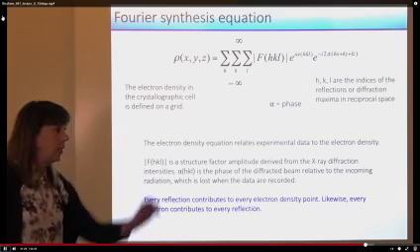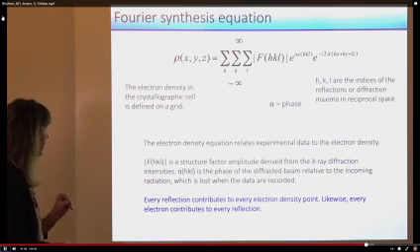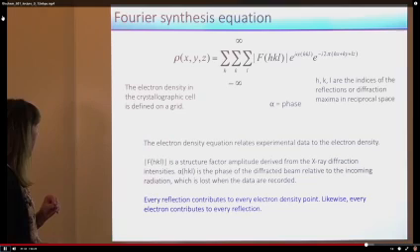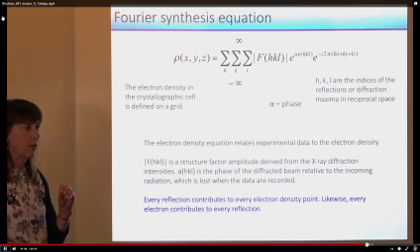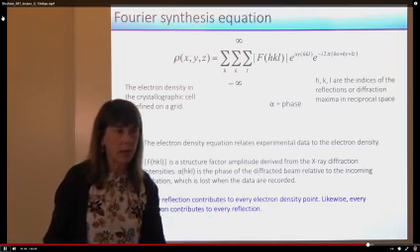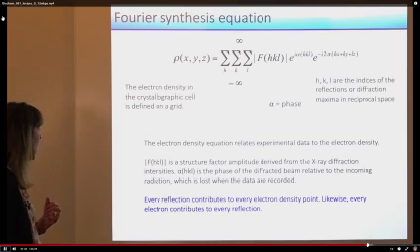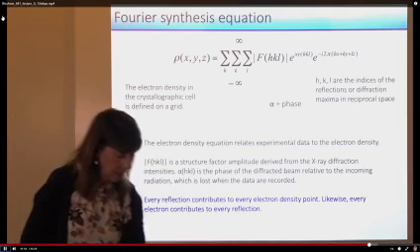So associated with each one of those diffraction maxima is a phase. The F_HKL here is called the structure factor amplitude. We get that from our X-ray data. When we collect X-ray data, we are getting intensities of the scattered X-rays, from which you can calculate the amplitudes. This is the phase, and that's the problem. That's lost. And that's why we have to get around the phasing problem.